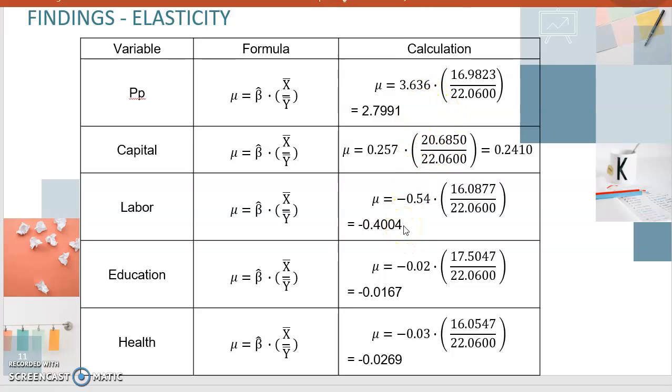Under labor, contrastingly, the relationship between labor force participation and real GDP is a negative relationship, because every 0.54% decrease in labor force participation will decrease 0.4004% in real GDP. The same goes for education and health. It's also a negative relationship between these variables and real GDP.